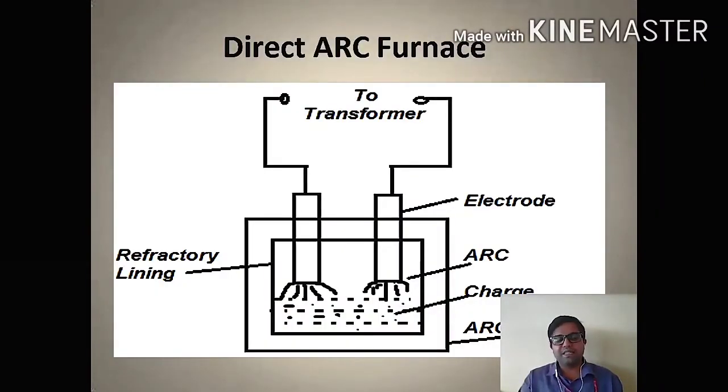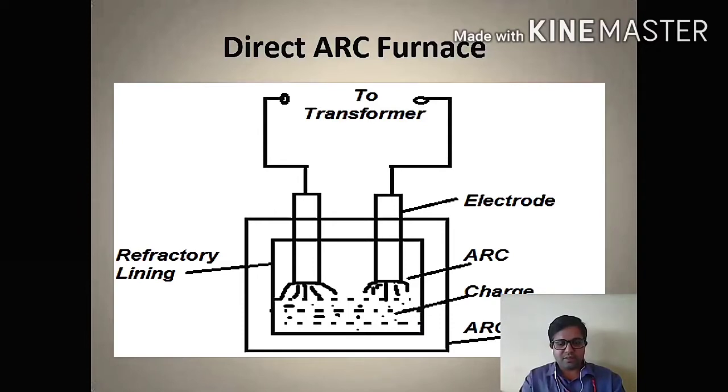So this is the circuit diagram meant for direct arc heating. Here we considered a furnace, and whatever charge we need to heat up is placed inside this chamber or furnace, and we utilize two electrodes, and these two electrodes are connected to a transformer for the supply.